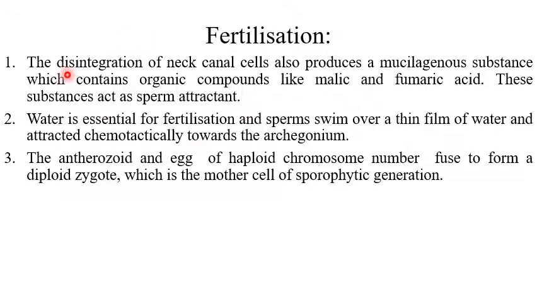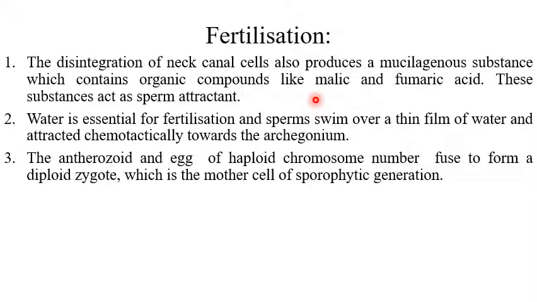Then fertilization. The disintegration of neck canal cell also produces a mucilaginous substance which contains organic compounds like malic and fumaric acid. These substances act as sperm attractant. Water is one of the essential factors for the fertilization, and sperms actually swim over a thin film of water and get attracted chemotactically towards the archegonium.